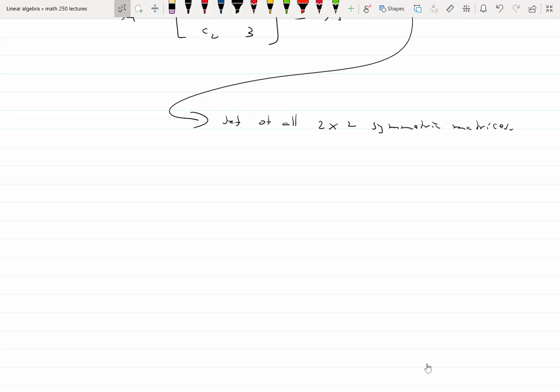Let's practice with the concept of the span of a set of vectors. Okay, so example.